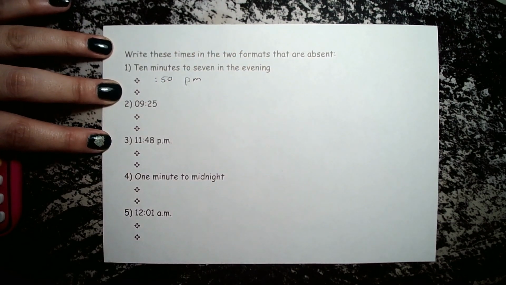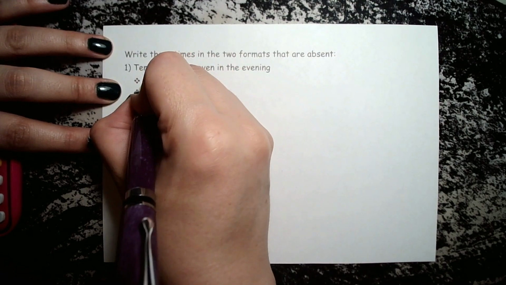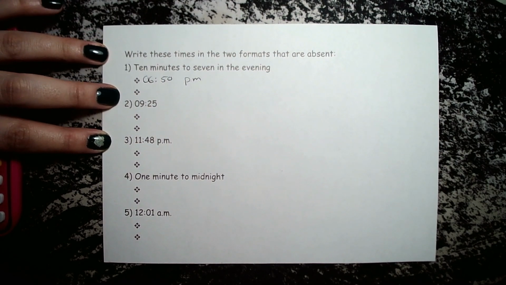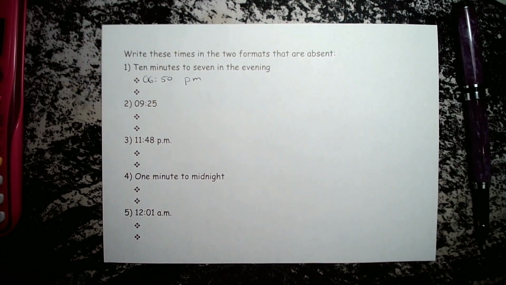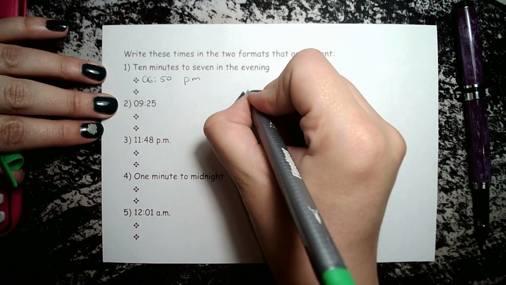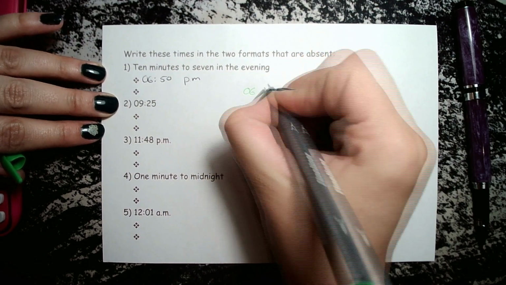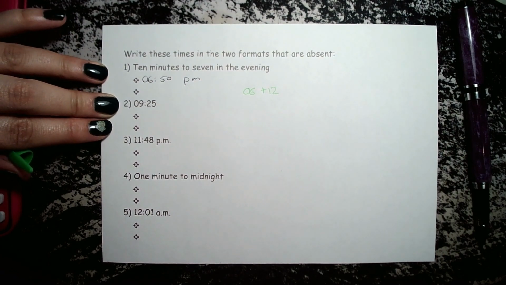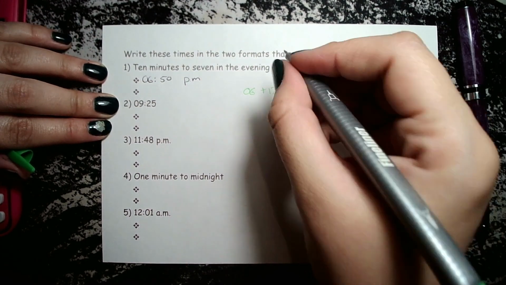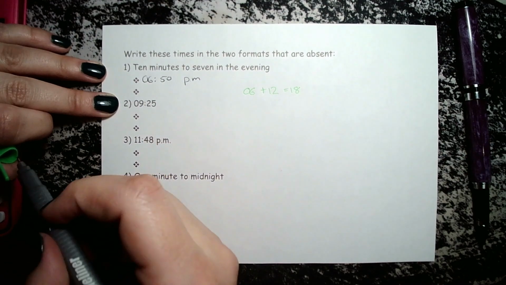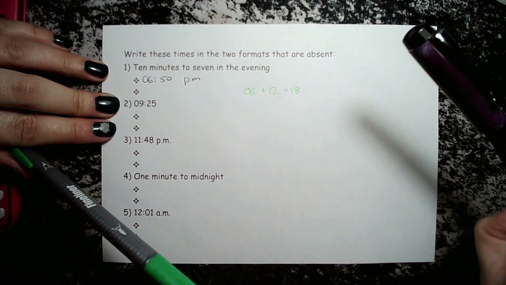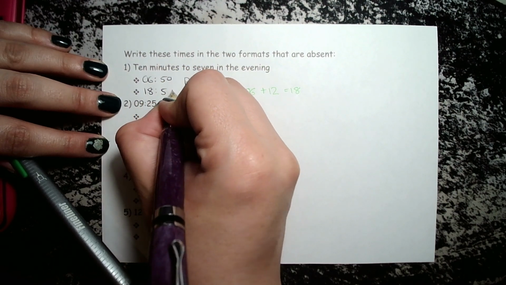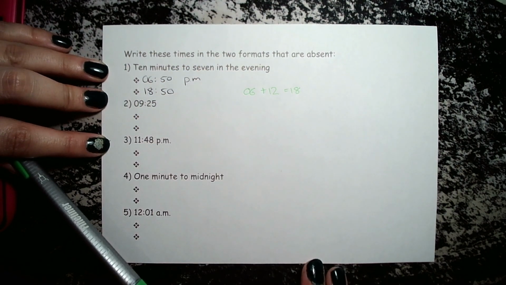And then it is not yet 7, so it's the hour before 7, 6:50 p.m. In our 24-hour format, we take that 6 hours, we add the 12 because the 12 hours of morning have passed already, and we will get 18. So it will be 18:50. And that will be your answer.